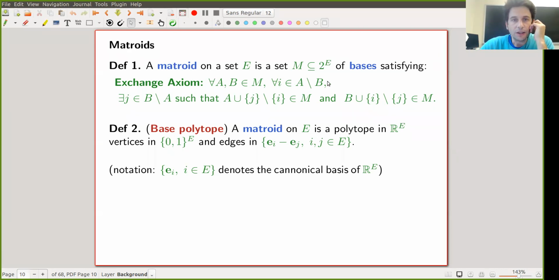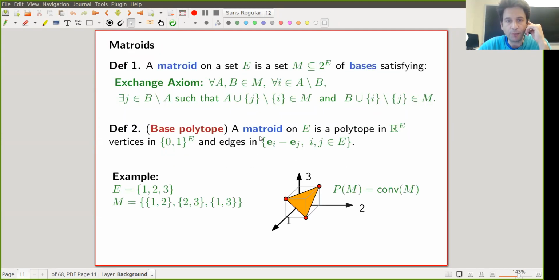Okay, so here there is this correspondence between a set of sets and a polytope. If I do an example on the ground set {1, 2, 3}, I could look at my matroid as this set of bases: {1,2}, {2,3}, and {1,3}. But also I can associate to that a polytope.